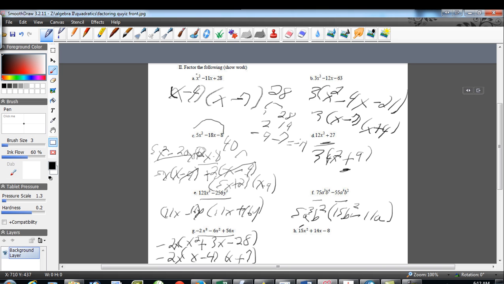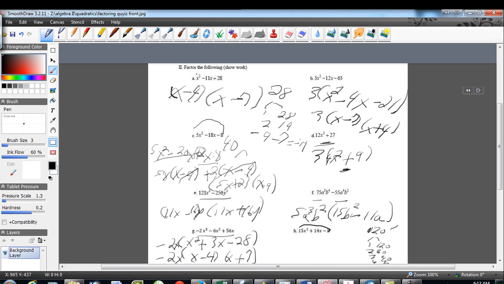Bridge over troubled water. That gives me 120. Factor 120, you get 1, 120, 2, 60, 3, 40, 4, 30.